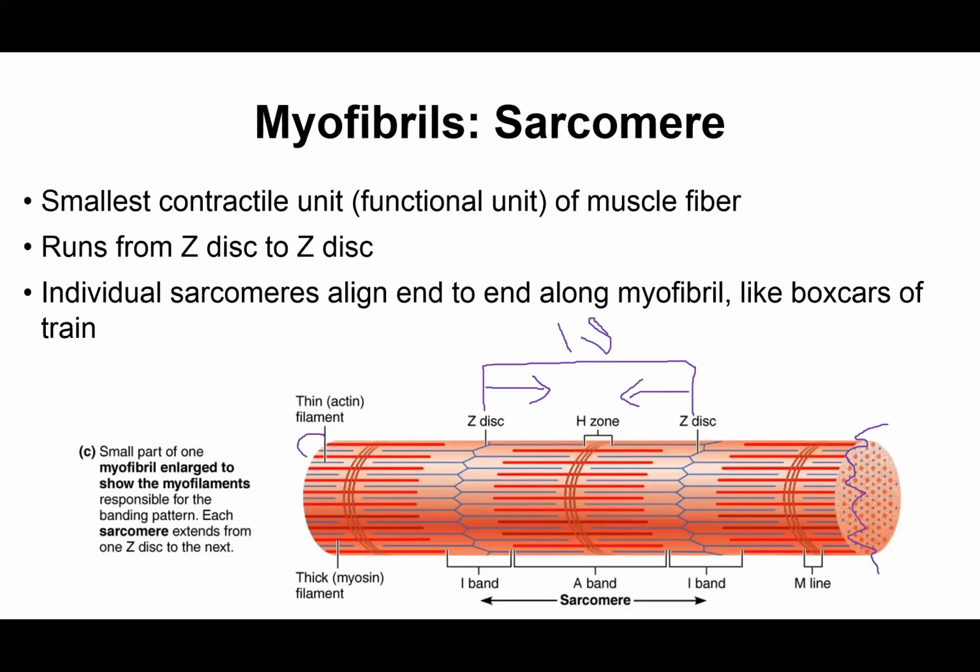Down here we would find another Z disc. All right, and so we would have another sarcomere, and we would have another sarcomere, and hopefully you can get the point that when these contract, the whole muscle is going to shorten. Okay?